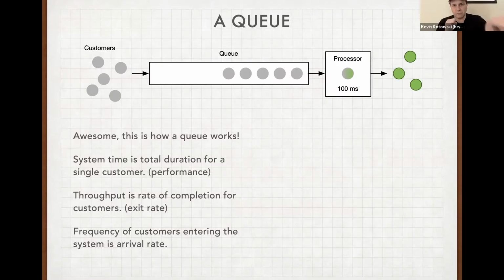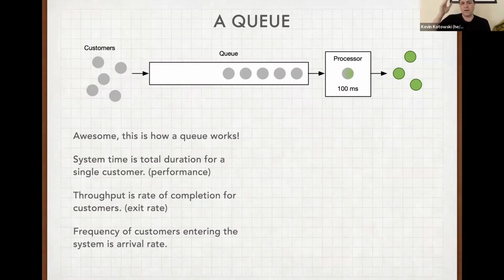So one of these gray dots that turns into a green dot, how long does that person, or it's not necessarily a person, but I'll be talking about McDonald's lines in a minute, how long does that particular customer exist inside of this system? How long is it end to end for them? And we'll be able to compare that with performance with computer software.